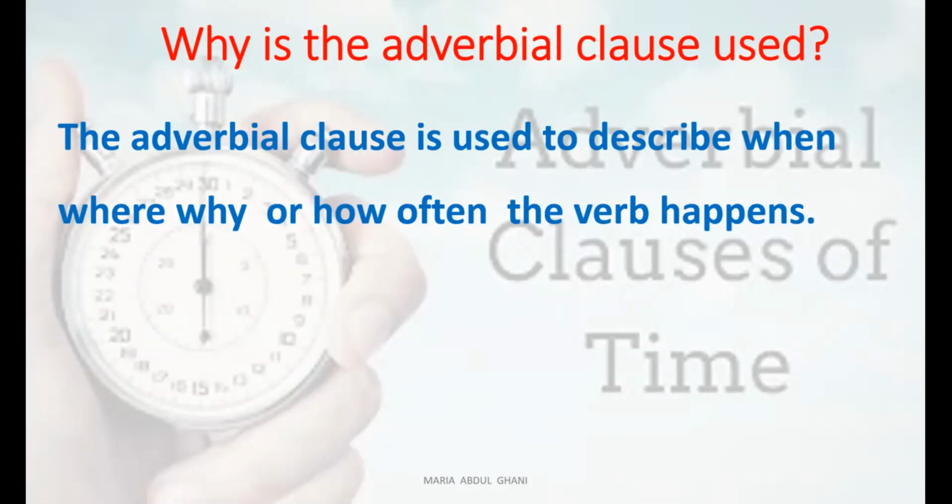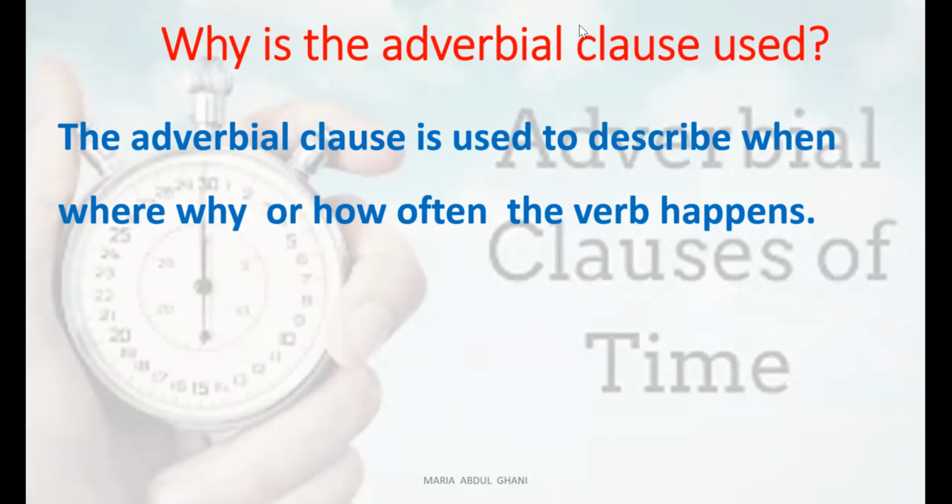Or how things happen, how often, or how the verb happens. When we say adverb, you are describing the verb. Adverb means the adjective of the verb. What does that mean? It means describing the verb. This adverbial clause describes the verb: when it happens, where it happens, why it happens, how often it happens, or how it happens.